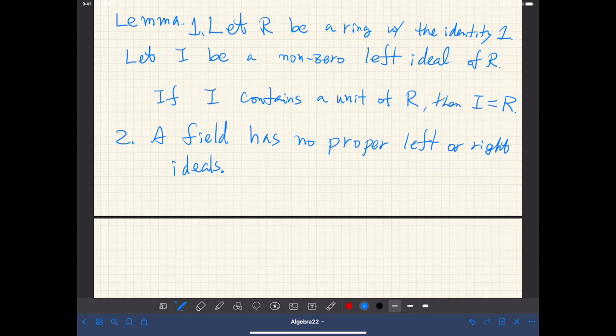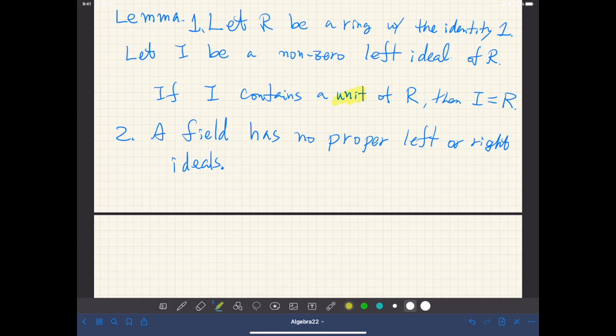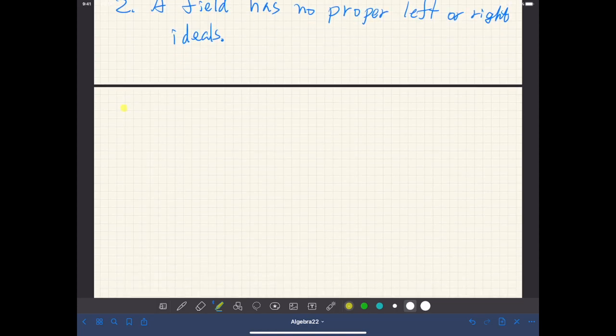By the way, what is a unit of a ring? It means an invertible element of the ring, so an element that has its multiplicative inverse. Okay, let's prove this.